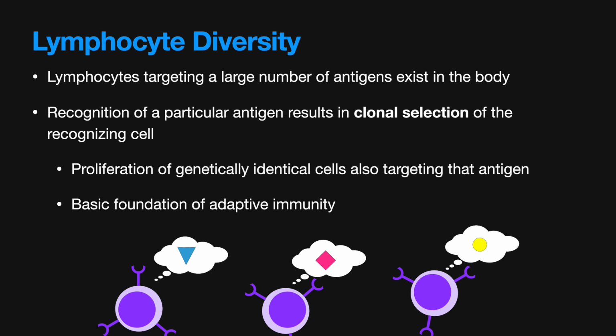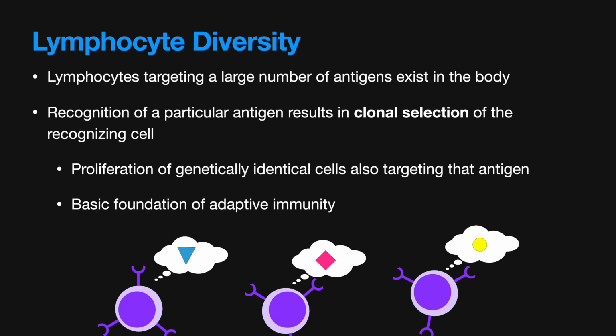If a lymphocyte finds its specific antigen, it undergoes a process called clonal selection. This is the process of proliferating numerous genetically identical daughter cells from that one cell. Because these cells are genetically identical, the new cells also target the specific antigen of its parent cell.